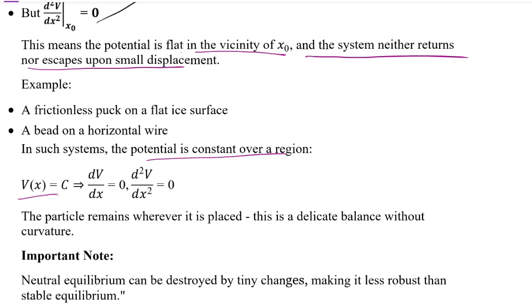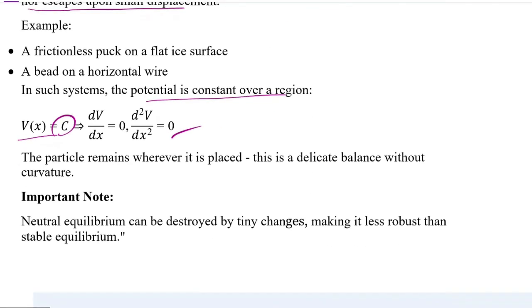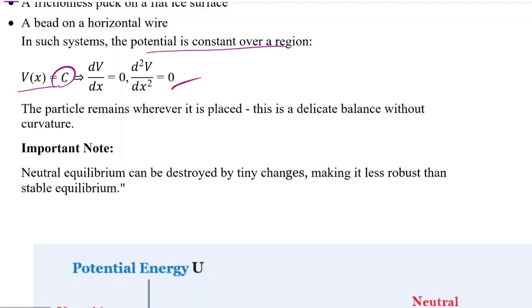For example, V of x is a constant potential, V is C. So obviously dV by dx is equal to 0 and d squared V by dx squared is also 0. So the particle remains wherever it is placed. This is a delicate balance without any curvature. The important point is neutral equilibrium can be destroyed by tiny changes, making it less robust than stable equilibrium.